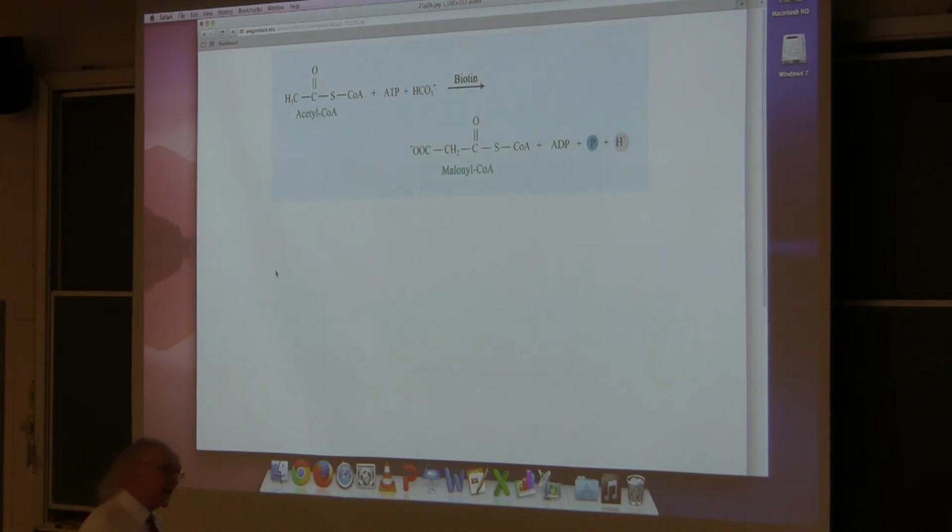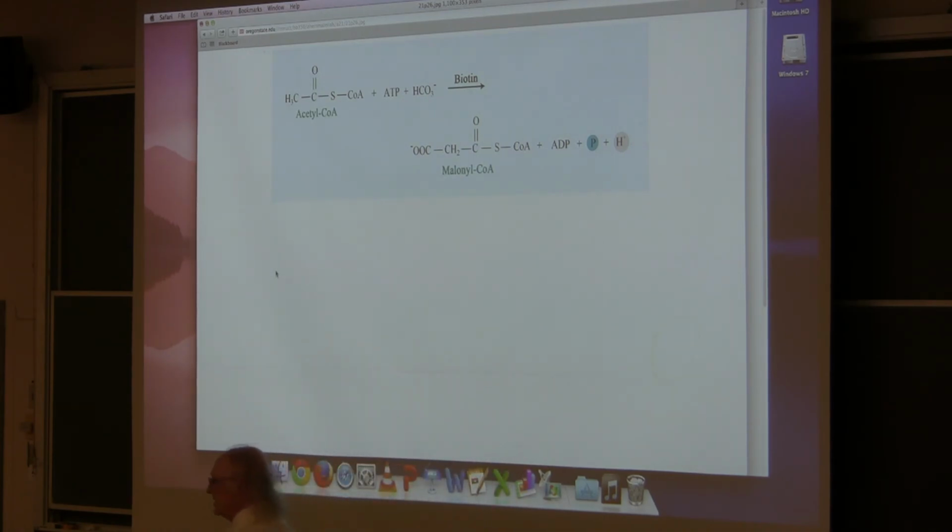This enzyme turns out to be regulated in another way. And you begin to get the impression that when you have multiple ways of regulating an enzyme, like we saw with glycogen phosphorylase, that enzyme must be pretty important to control, and it is. Okay?